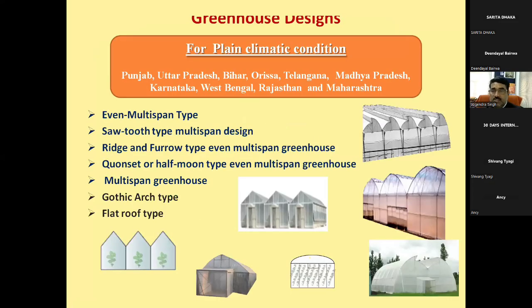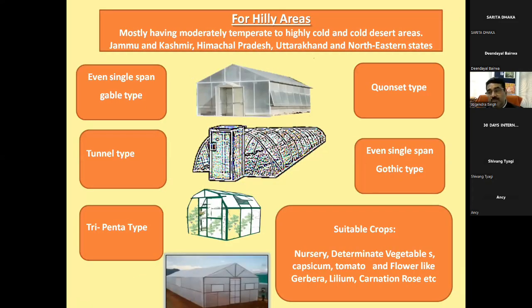So these are the designs we have showing here. A plain condition design. What is the plain condition design? You can see here and learn more. This type of design is suitable for plain areas, because the plain area has multi-span design and the hill area has single span design, both types of design.